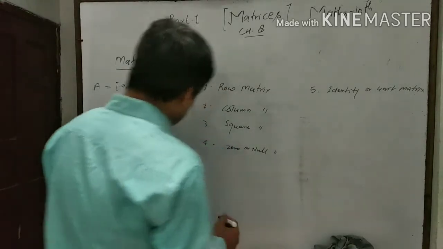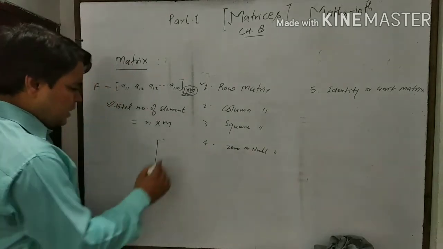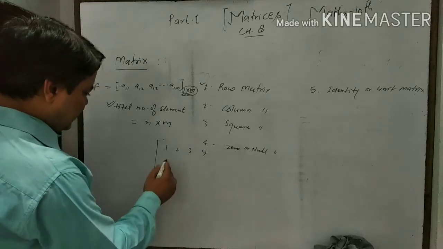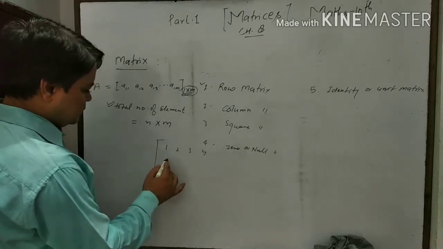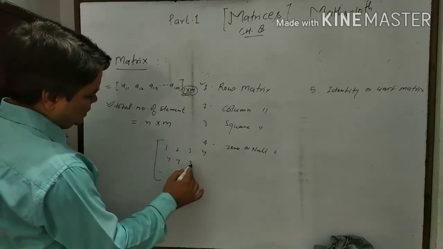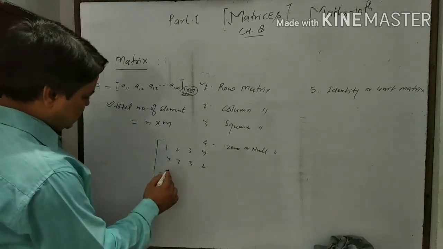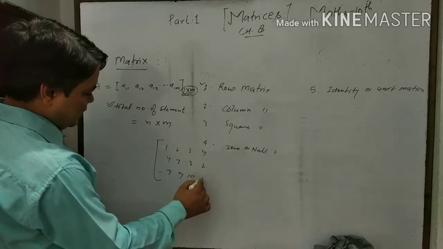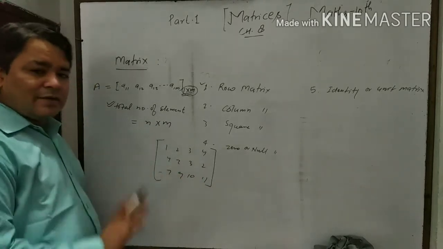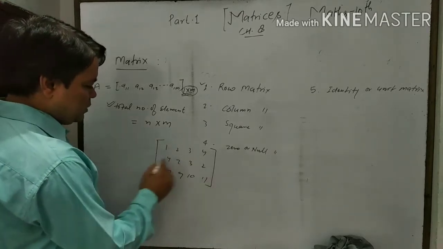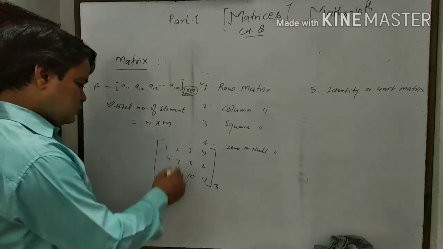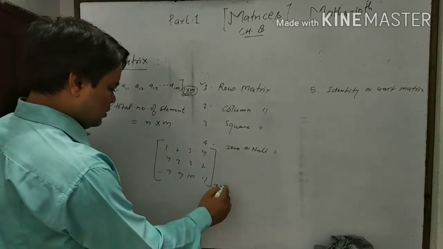Here, take one more example. Let here 1, 2, 3, 4 be given. Simply I am giving the example. And here again we can write 4, 7, 3, 2. Again we can write 7, 9, 10, 11, like this. Then what is the order of this matrix? How many rows? 1, 2, 3. 3 rows. And how many columns? 1, 2, 3, 4. 4 columns.